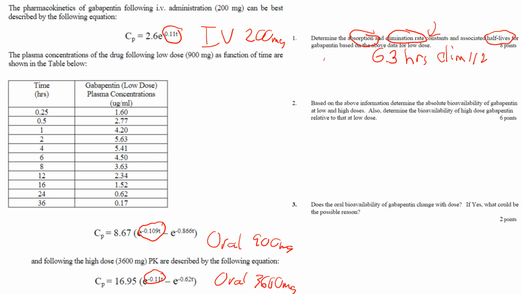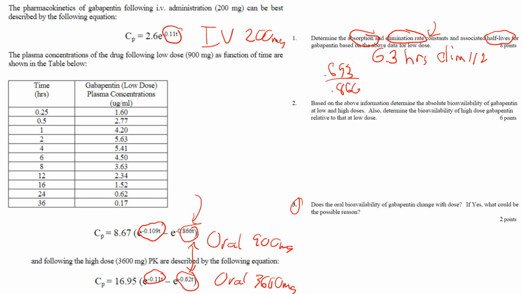And so now for the absorption half-life. Something you'll notice is this absorption rate constant is not the same as this absorption rate constant. That's not normal. Problem 3 will get into why this occurs. But because of this, we have two absorption half-lives. Same process, 0.693 divided by, we'll do low dose first, that's 0.866, this number right here.